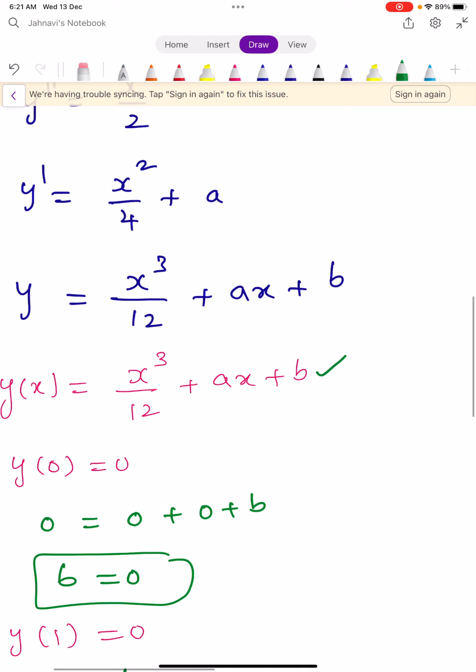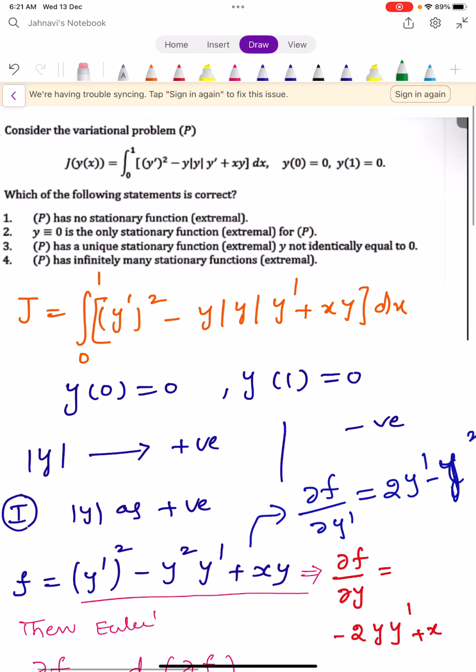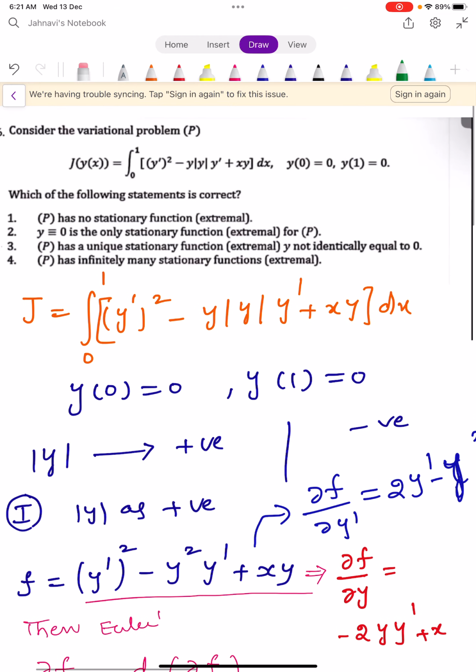So unique solution means in our problem, option C is correct: P has a unique stationary function, extremal y not identically equal to 0. Yes, option 3 is the correct solution for our problem. So observe that. This is all in the positive case, where we consider mod y as positive.